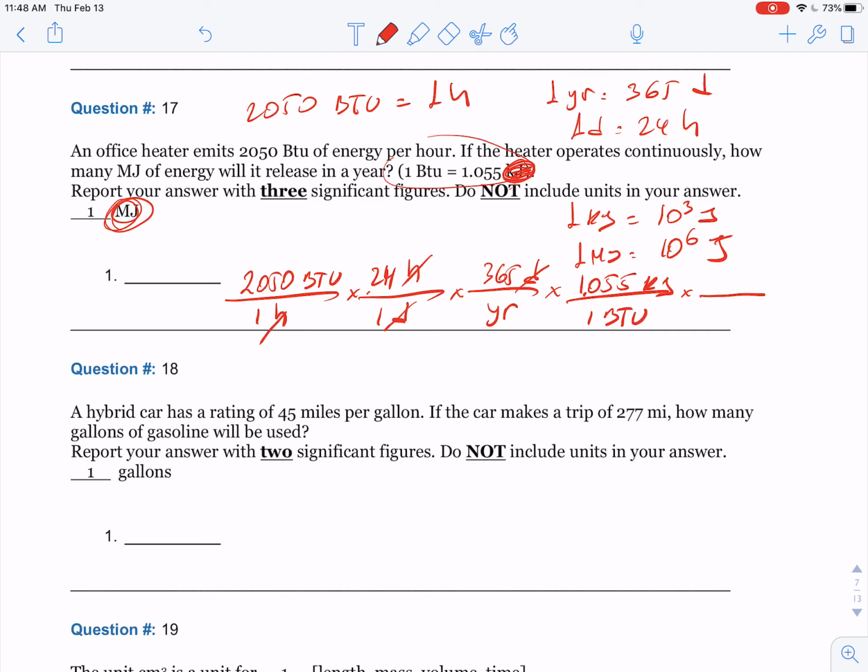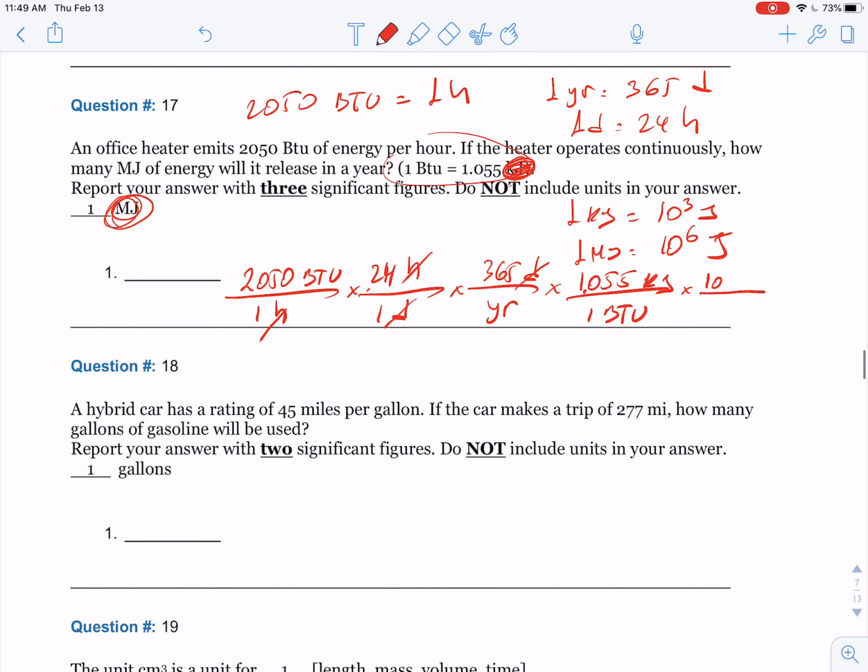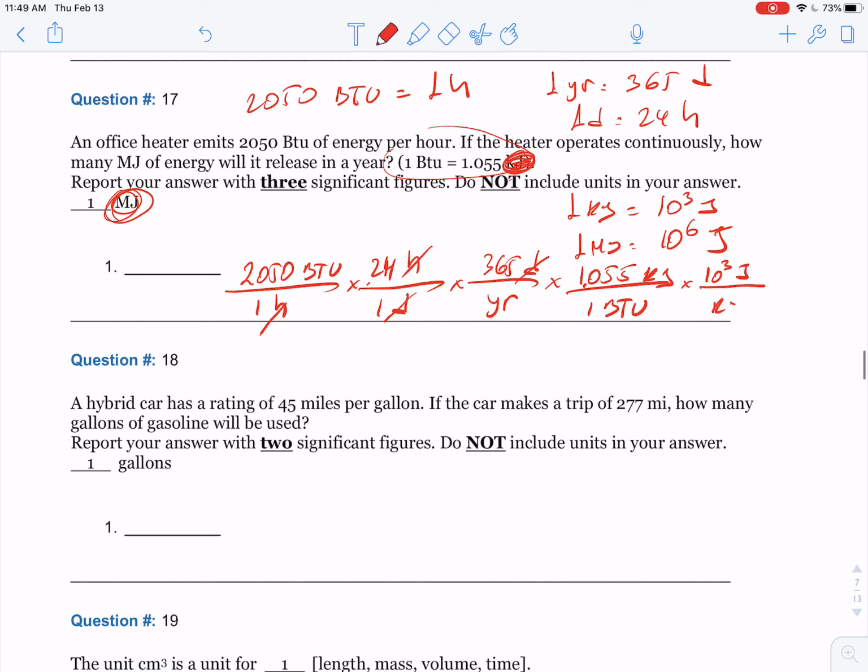It's a little longer, but I think it goes more towards the point. 10 to the power of 3 joules per kilojoule, and then 1 megajoule is 10 to the power of 6 joules. So you cancel joules here, you cancel kilojoules there, and BTU cancels with this BTU. You finish the calculation and I give you the number.